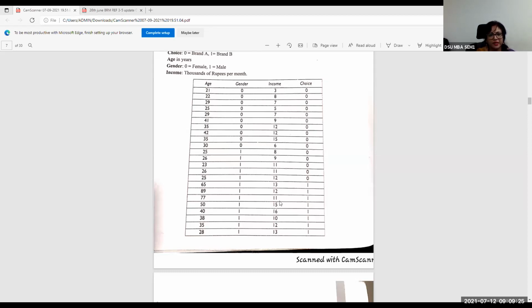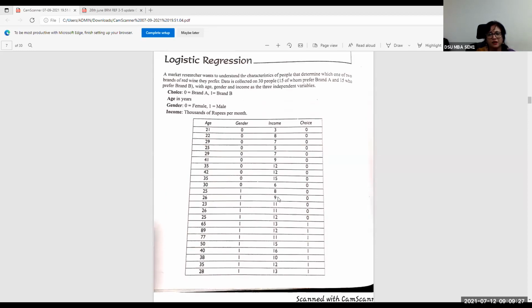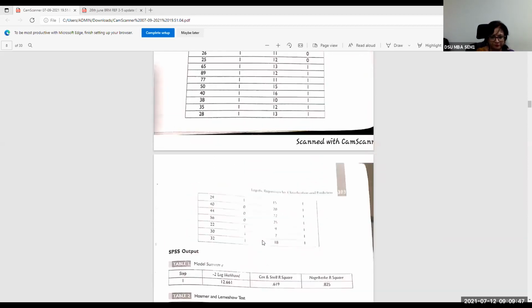The customer choice for a brand of red wine, brand A is coded as 0 and brand B is coded as 1. So if you have such a data set wherein data has been collected, the purpose is to find out what is the probability that the customer will choose brand A or brand B.